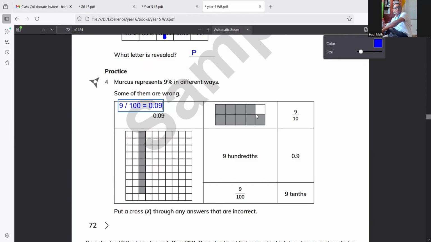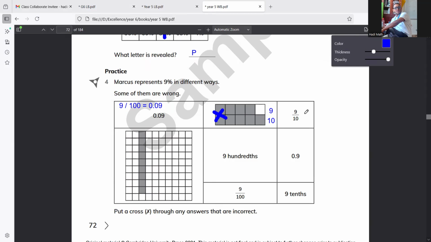This is a fraction. If you look, this fraction is 9 out of 10. And 9 out of 10 is not equal to 9% because 9% is 9 over 100. So this one is wrong. We cross it because they ask us to put a cross on the ones that are wrong.